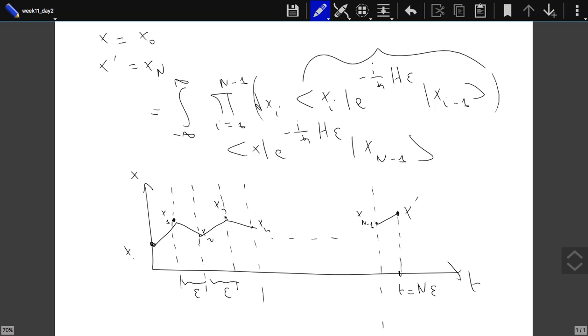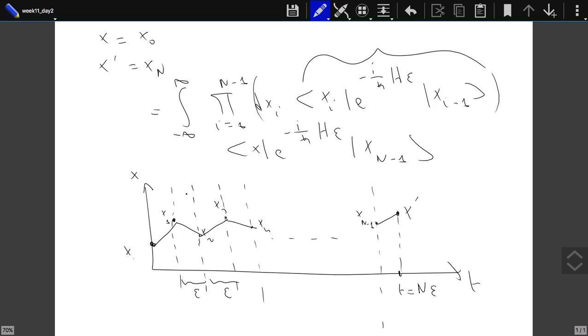And of course, we are also integrating over x_1, x_2, x_3. You can think of those integrations as summing over all possible values of x_1, x_2, x_3, x_4, etc. If you change them, you are creating different paths that go from x to x', so summing over all possible values means summing over all possible paths from x to x'.